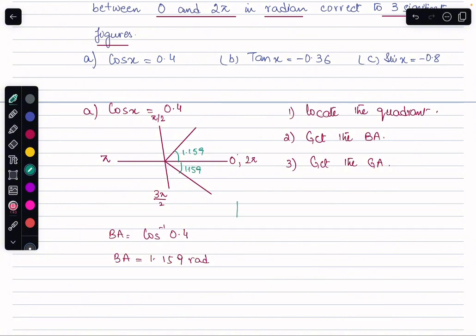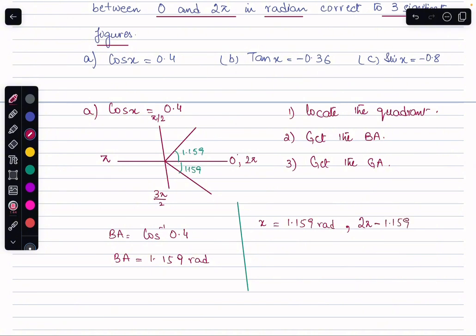Now obviously I need to have the general angle. In the first quadrant, it will remain the same, no problem. So x equals 1.159 radian, and in the fourth quadrant, this value needs to be 2 pi minus 1.159.